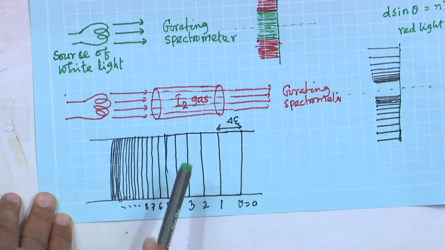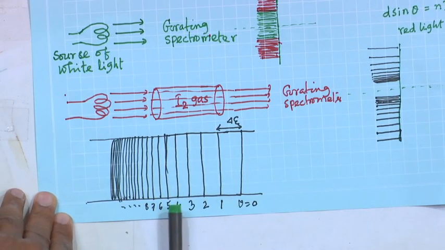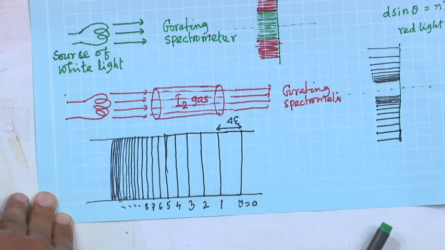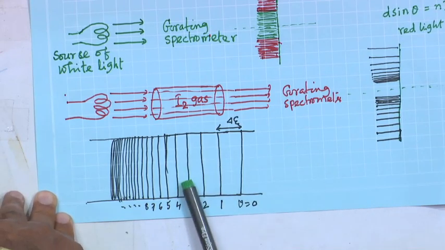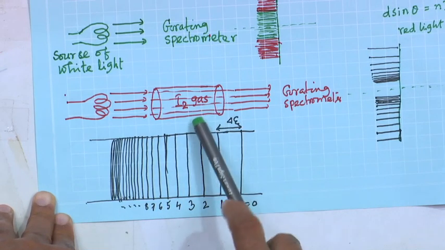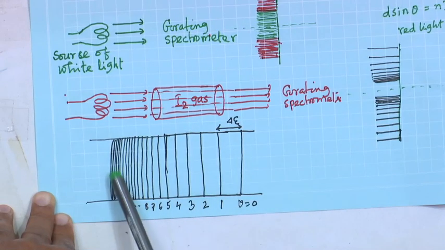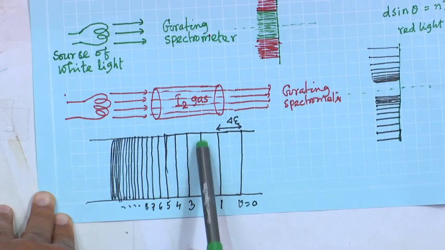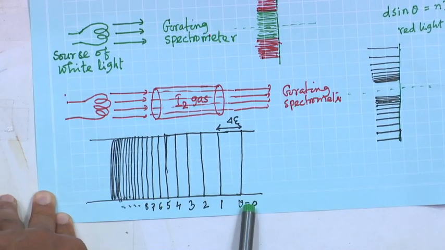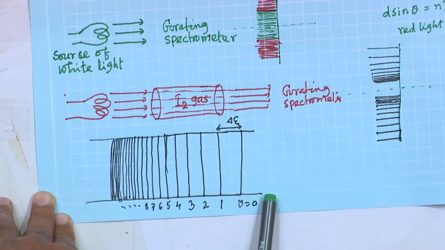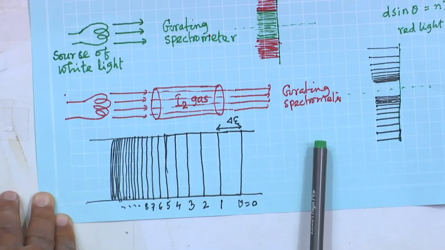One can understand easily that these absorption spectral lines correspond to the vibrational energy levels in this iodine molecule. So you get this type of spectra by measuring the wavelength or wave number for different vibrational quantum numbers, using the spectrometer.